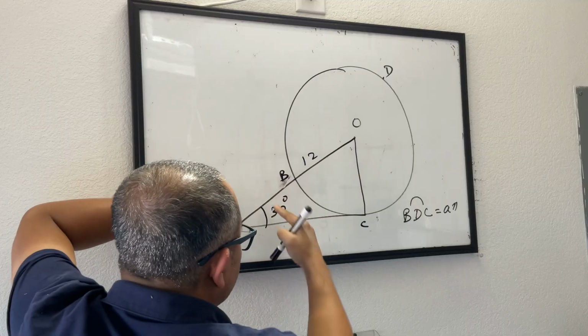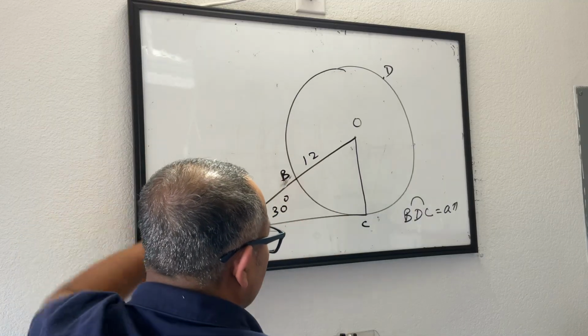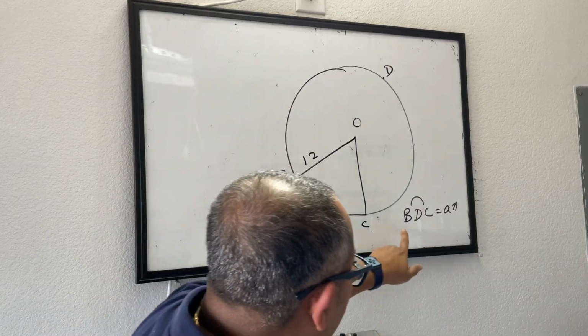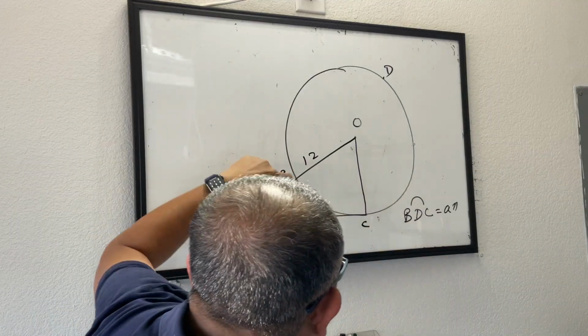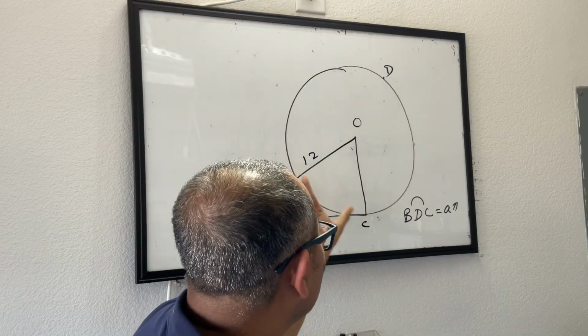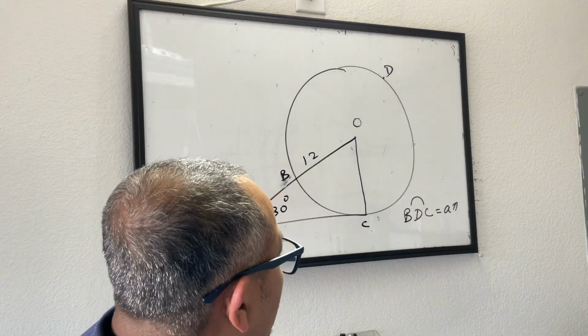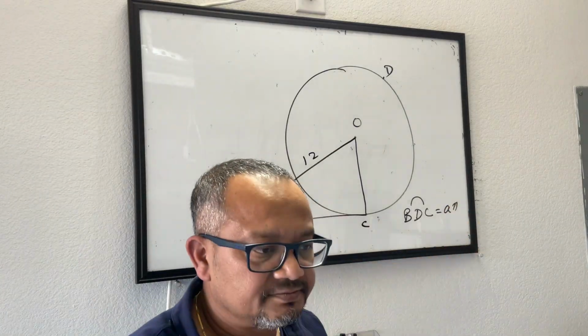And this angle is 30 degrees, and this is the point B where it is intercepting the perimeter. So we have been told that the length of the major arc BDC, of which this is the smaller arc, the minor arc, and this is the major arc, is given as A pi, and we have been asked to find out what is the value of A.